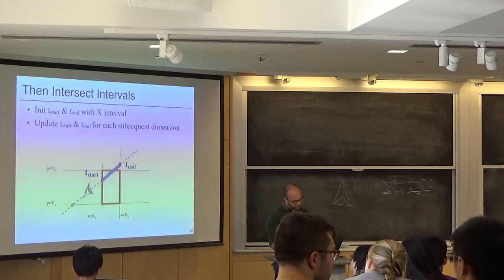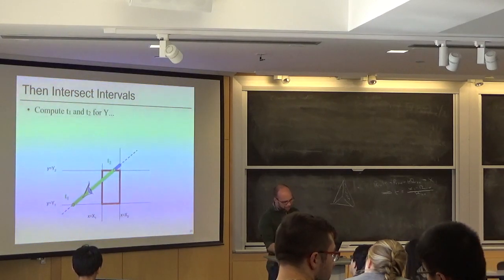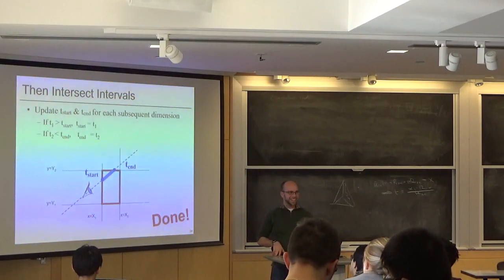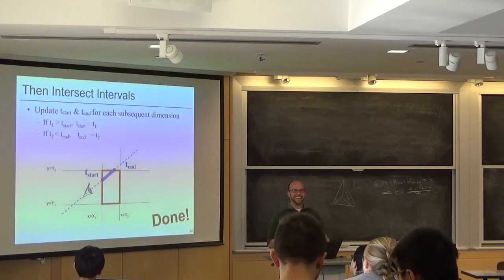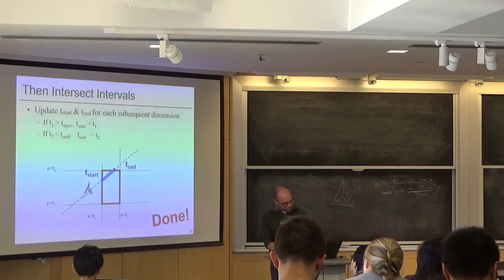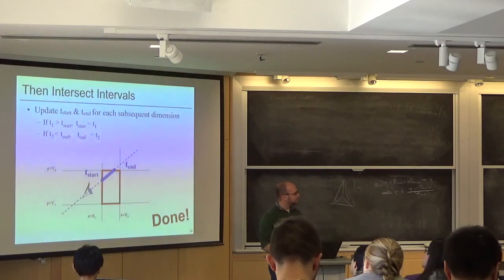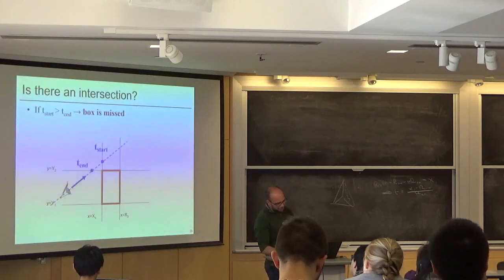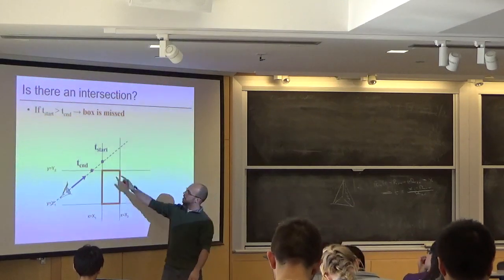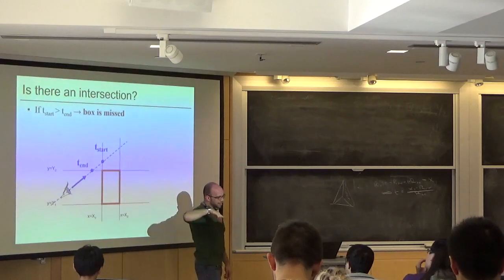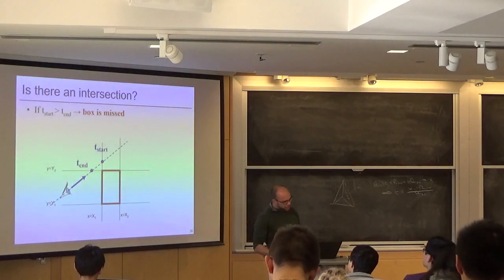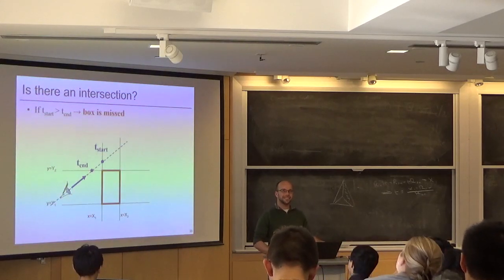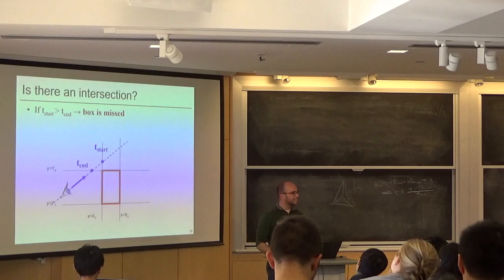Of course, you have to be a little bit careful. There's one case that you have to worry about after you find this intersection. I think we got a little crazy with PowerPoint animation. Now we have to figure out, do I actually have to ray trace inside the box or not? And there's a couple of cases. For one, if t start is greater than t end, then I don't actually intersect that box. Is that the only time that I can do anything, if I compute that intersection of intervals? When else can I cull this box?